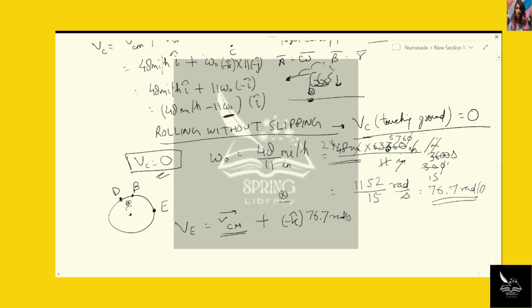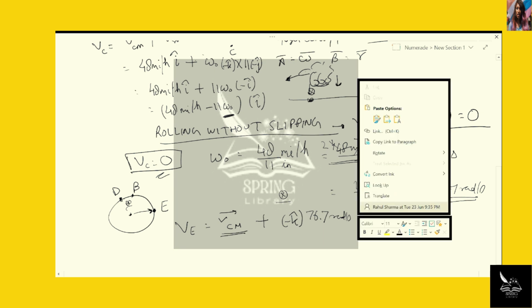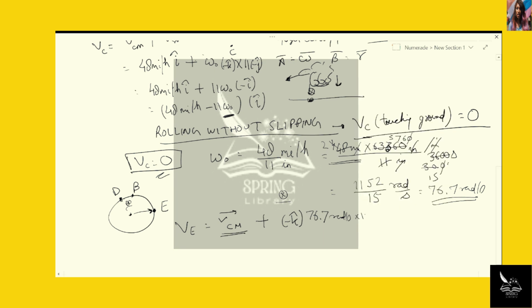And then what is R? R in this case is going to point like this. So this is going to be R, since the radius is 11 inches, times 11 inches, and the direction will be this time I, because it's in the positive direction.